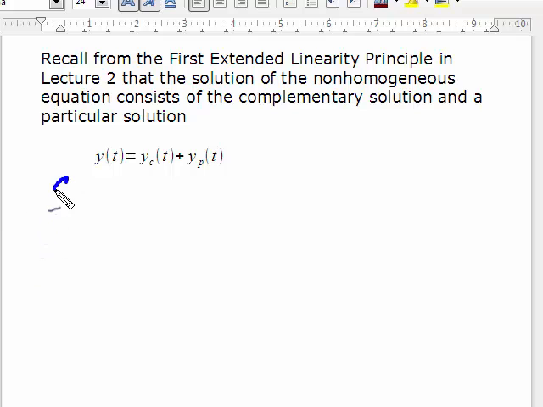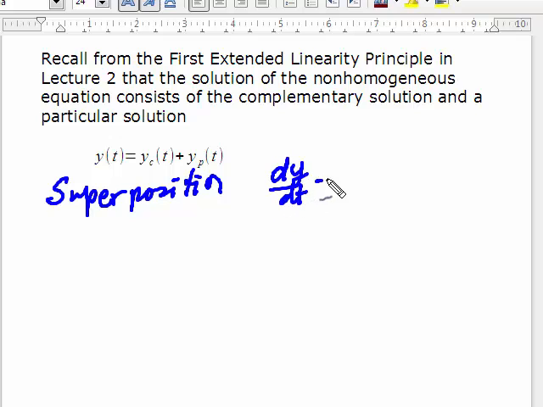First, there was one called the principle of superposition, which is meant if you had a solution to a differential equation, a homogeneous differential equation. I'll write it as linear here.